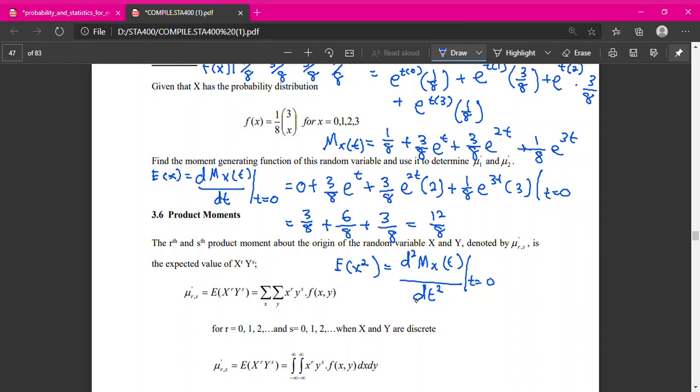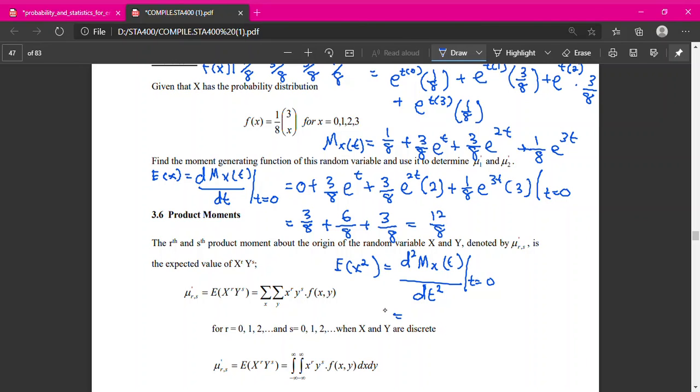Tadi dah differentiate sekali dapat ni. So differentiate lagi sekali maksudnya you differentiatekan this lah yang dah differentiate tadi sekali. Okay. So you need to differentiate the MGF function twice. So we need to differentiate this part another one once again.